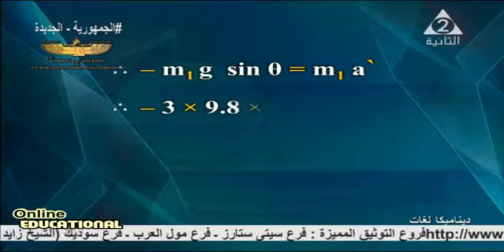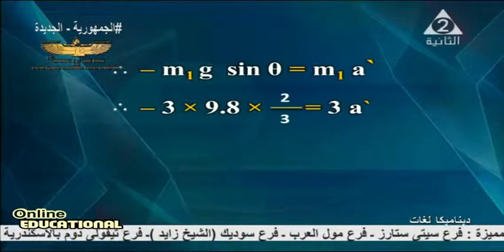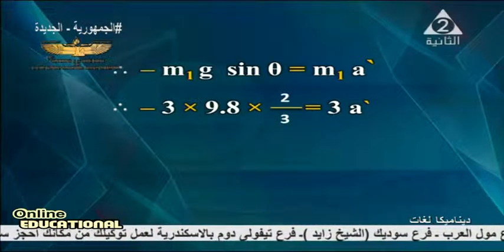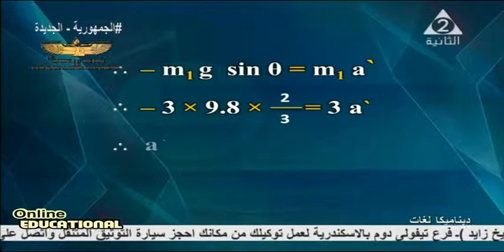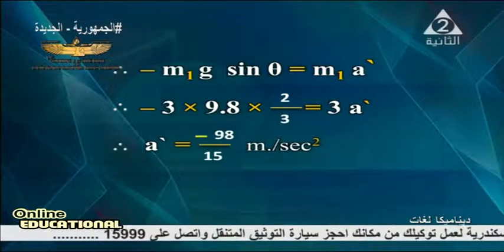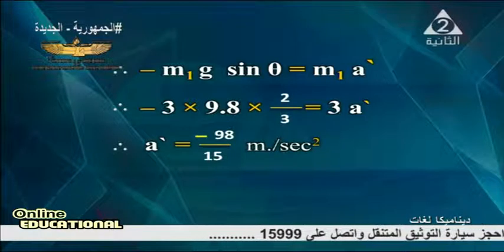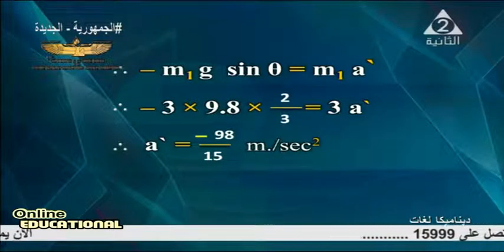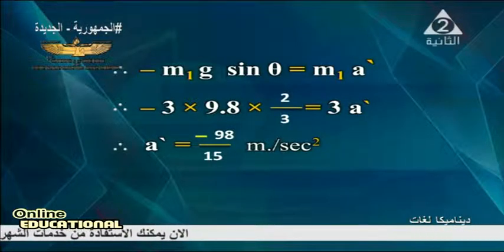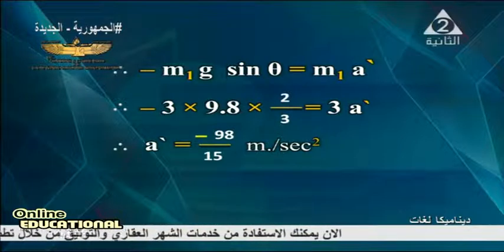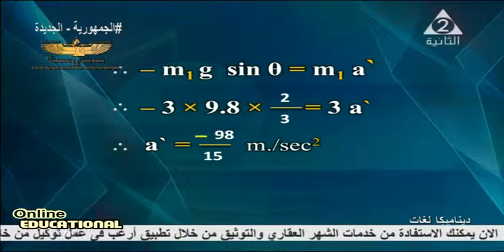Then negative 3 times 9.8 times 2 over 3 equals 3a dash. A dash, the acceleration, equals negative 98 over 15 meters per second squared, and this acceleration is negative, so the velocity decreases.